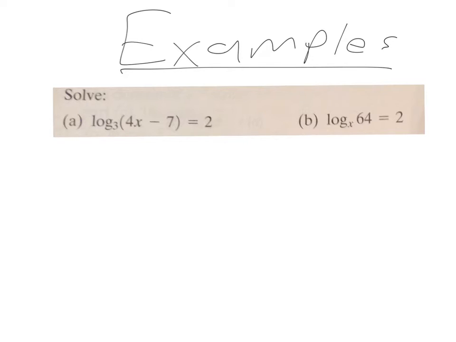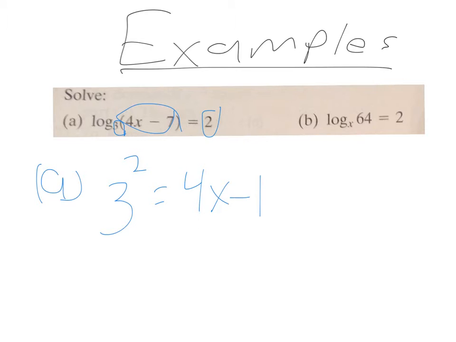So for part A, whenever you have logarithmic equations, like in parts A and B, you can rewrite it as an exponential. So take the base, raise it to the power of whatever the logarithm's equal to, which in this case would be 2, set it equal to whatever the input is, which would be 4x minus 7.